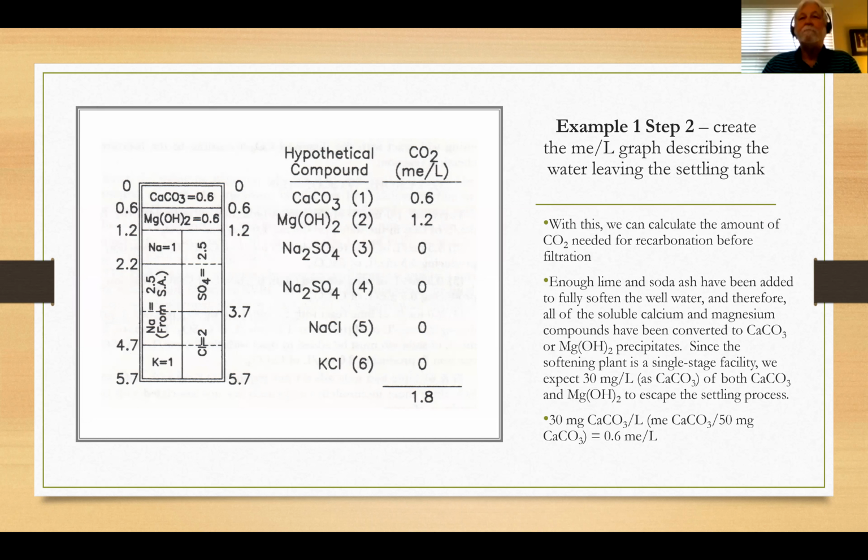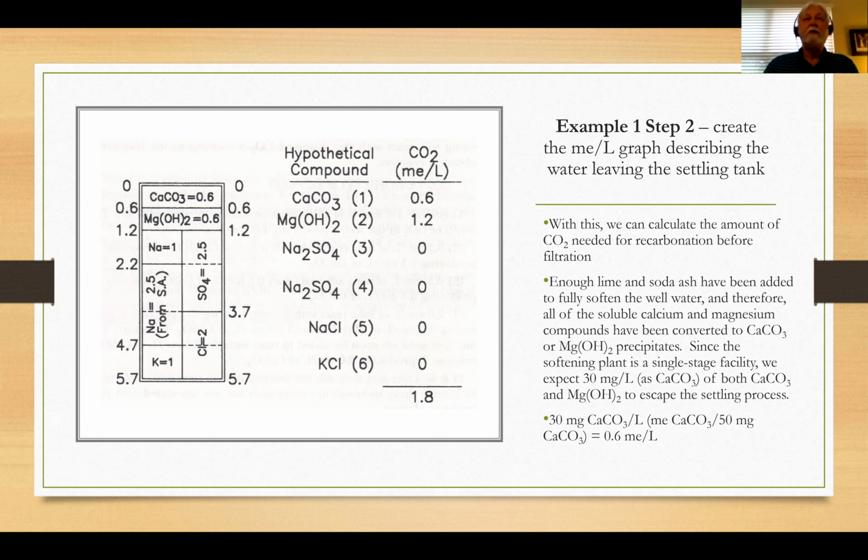Next slide, please. There we go. So, leaving first stage settling is, I said earlier, 0.6. I said 30 milligrams per liter of calcium carbonate, and 30 milligrams per liter of magnesium hydroxide as calcium carbonate will leave the first stage because the pH is 10.4.